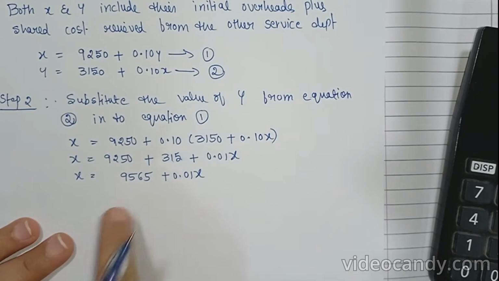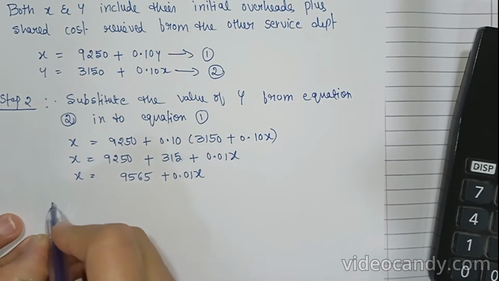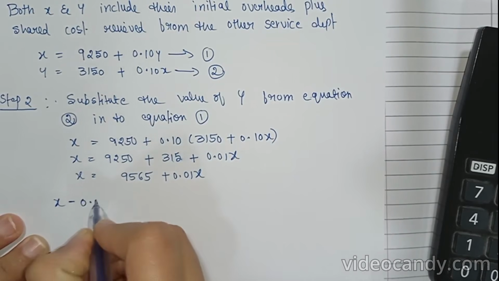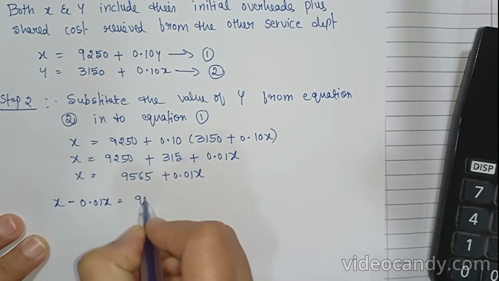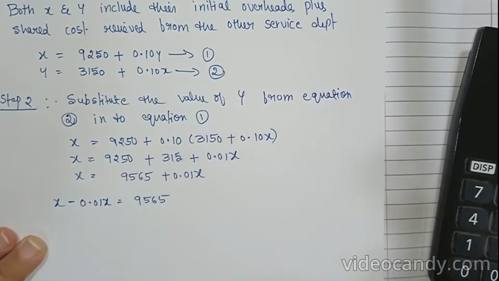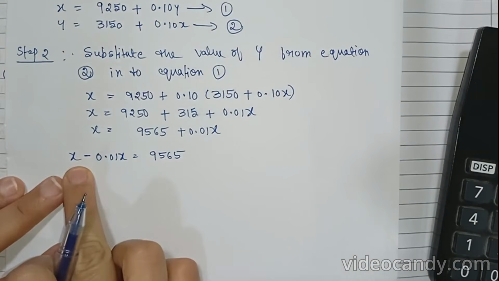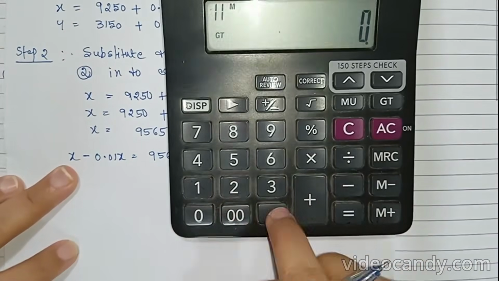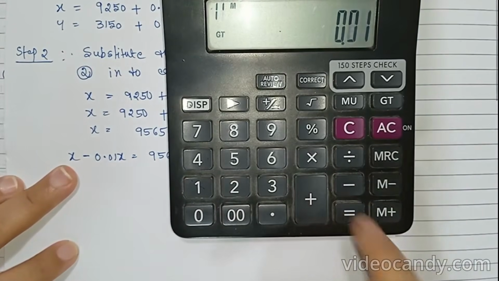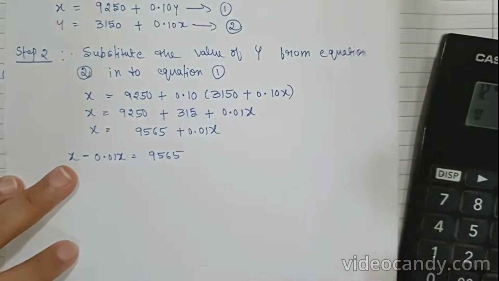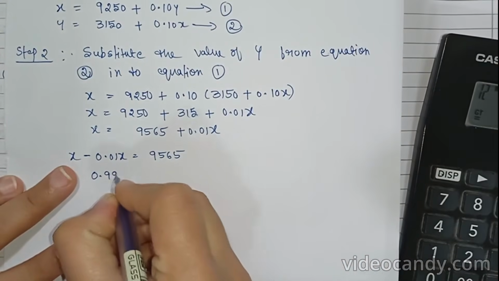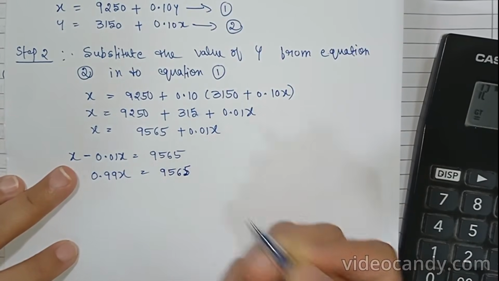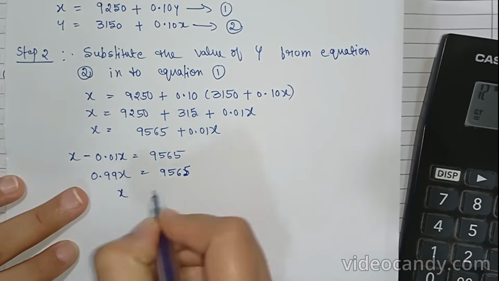X plus becomes minus 0.01x equals 9565. Now what is the value of x? 1, right? 1 minus 0.01 is 0.99x. So 0.99x equals 9565.